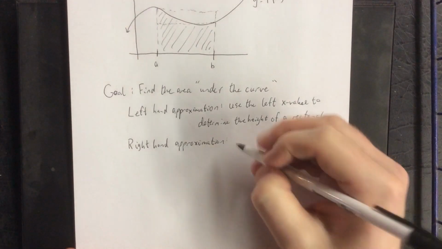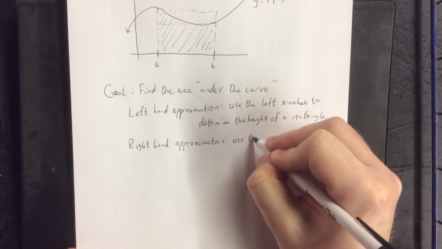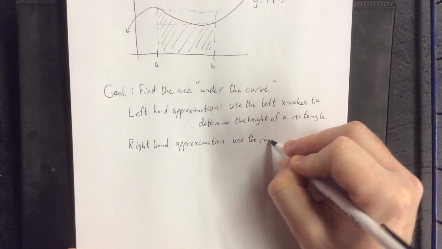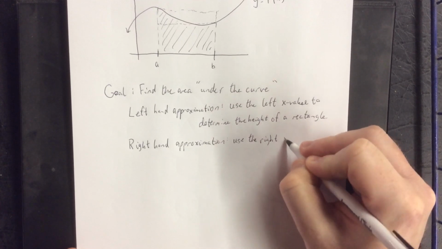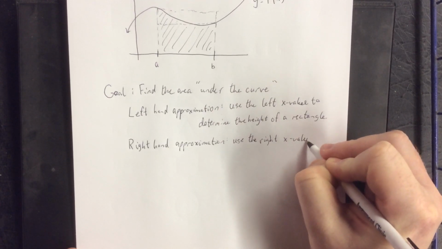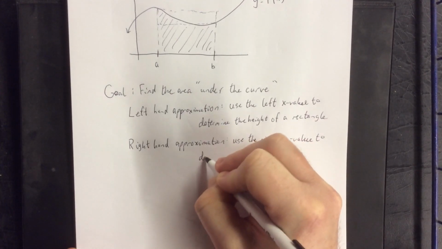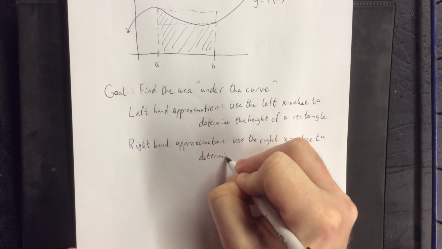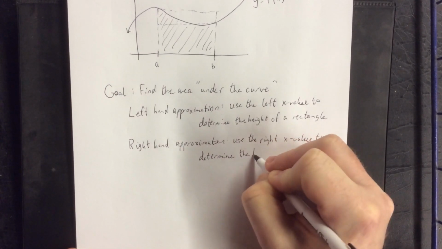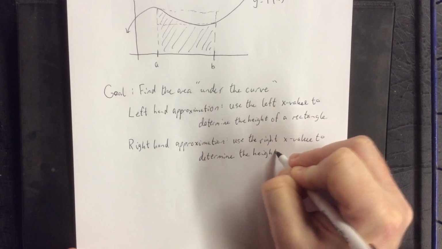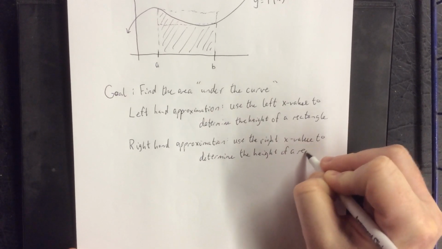The right-hand approximation says use the right x value to determine the height of a rectangle.